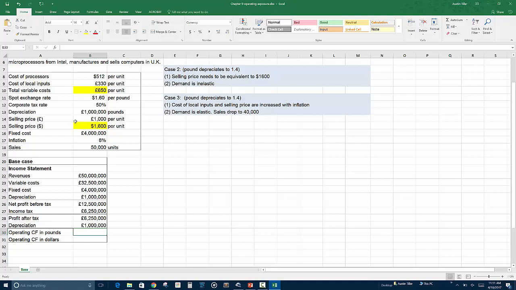So let's put depreciation back equal to B13.